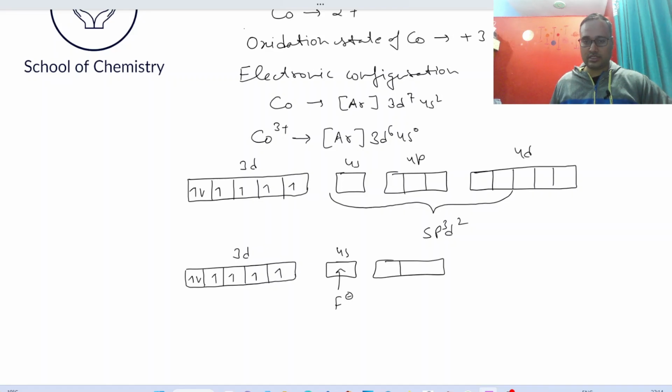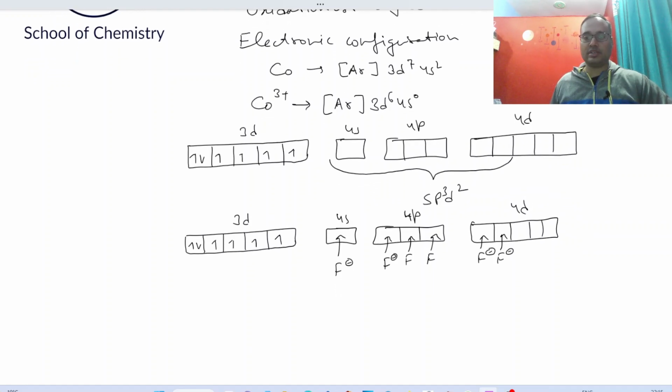We can represent our 4p as this, fluorine is donating its electron, and then from the 4d, F negative over here and F negative over here. Fine. So this is how the complex is formed.